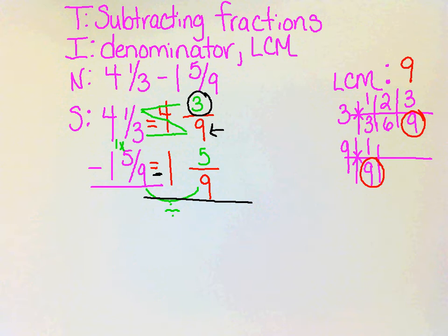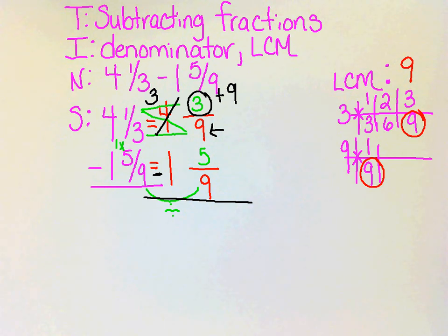That tells you how many pieces you're going to take. So I take 1 whole, which turns to a 3, and I add 9 pieces to this 3. Okay? Because in this fraction there's 9 total pieces in each of these, okay?